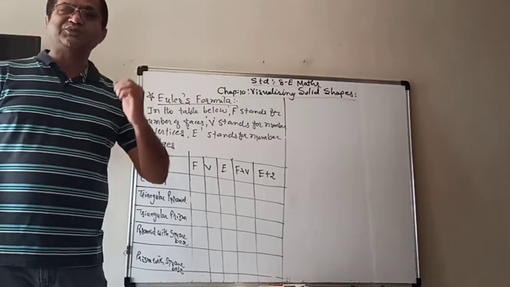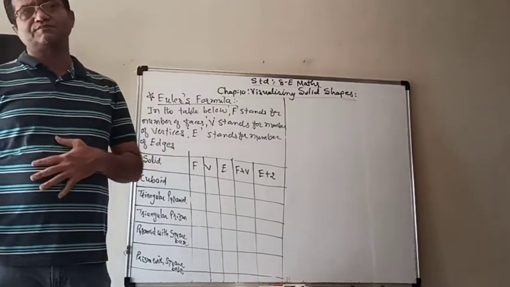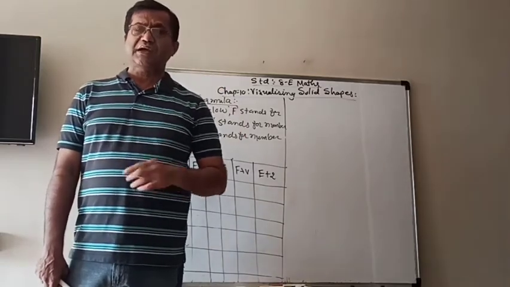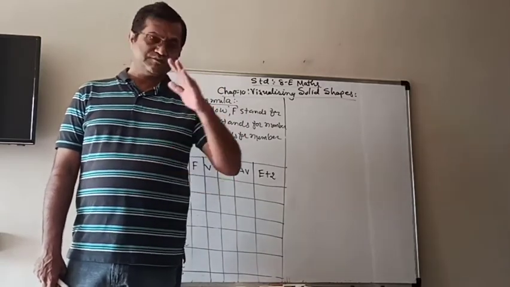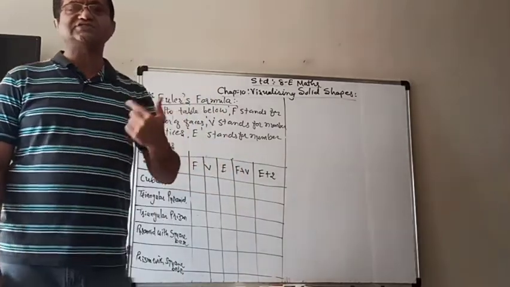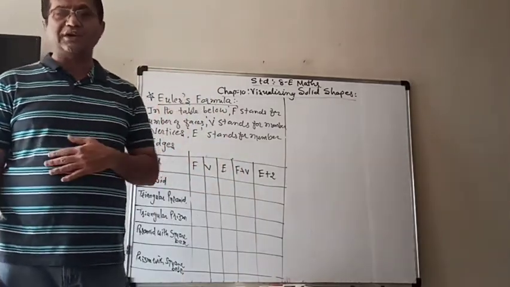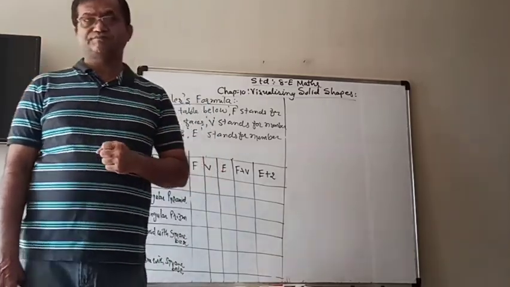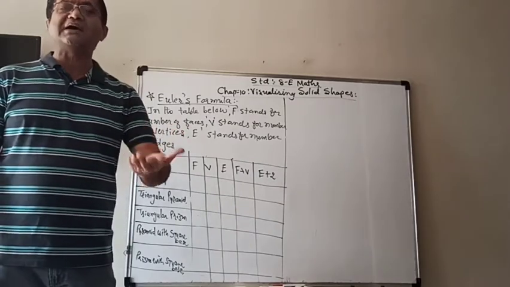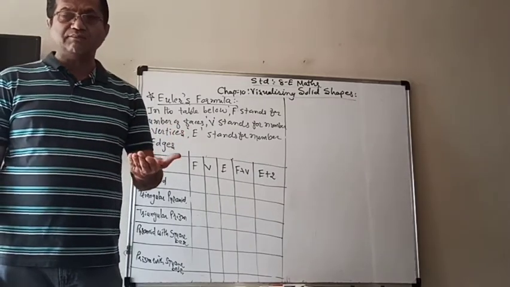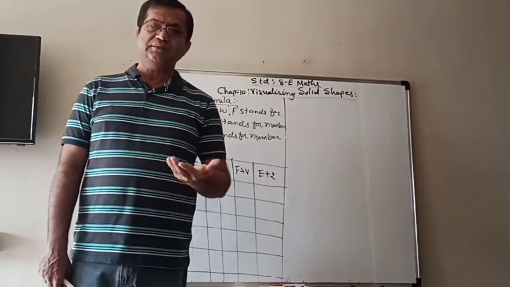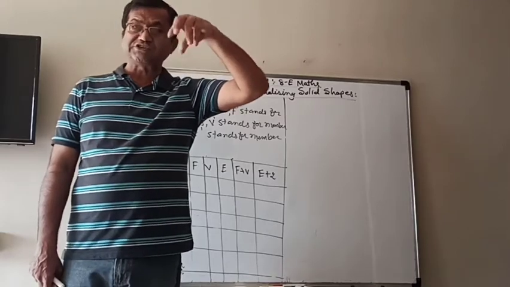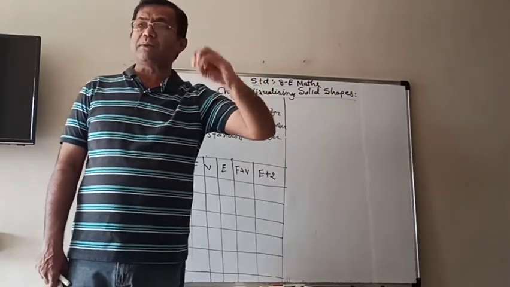You know what a prism is and what a pyramid is. In a prism, the top and base are congruent surfaces and the other surfaces are parallelograms. And a pyramid has a base which is a polygon, and the other surfaces are triangular, which meet at a common vertex.